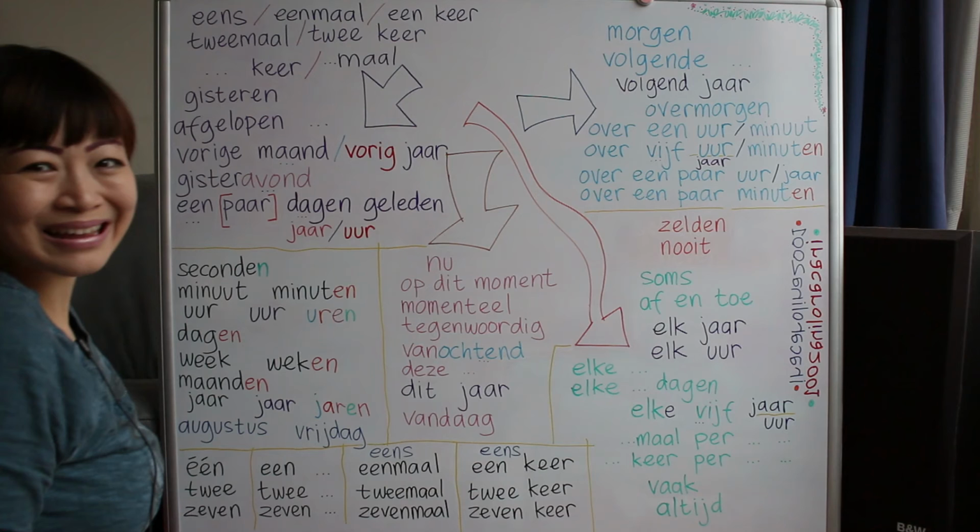So you say it with eens instead of een keer, because with een keer, you're really sure it's one. 2 times, 2 maal or 2 keer. Several other times, the other numbers, you put the number here, of course, and then you put the time, keer or maal. Yesterday, gisteren.